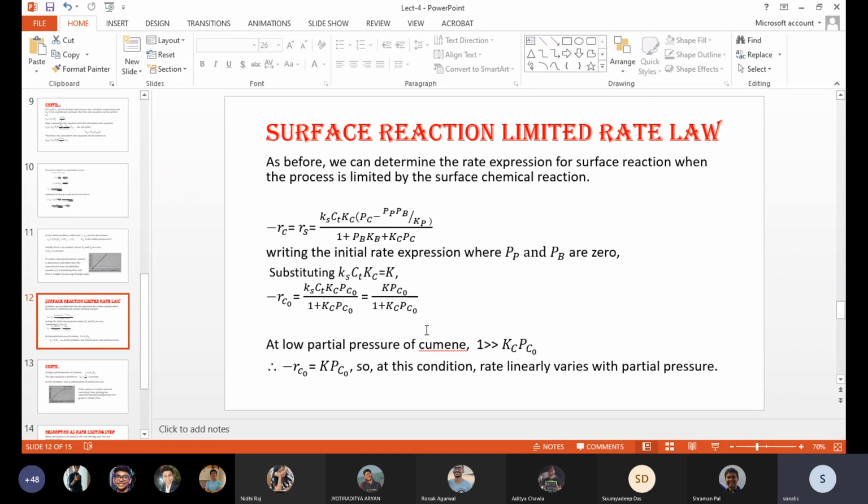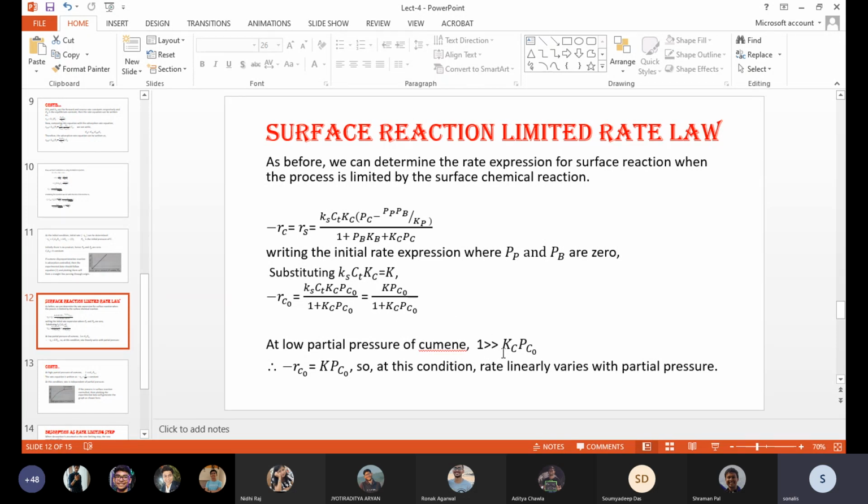At low partial pressure of cumin, the equation may behave in two ways: one is low concentration of cumin, another is high concentration of cumin. At low partial pressure or concentration of cumin, Pc0 will be low, then Kc into Pc0 is very, very small compared to 1.